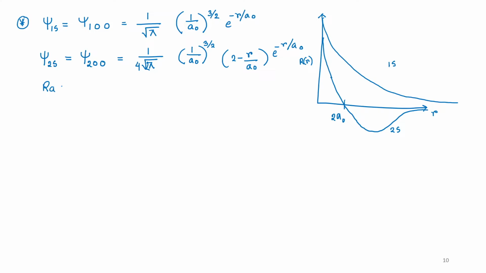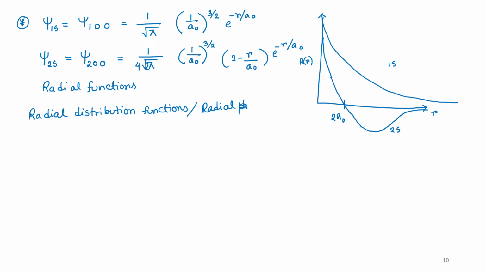These are mostly radial functions because your theta and phi dependent parts are not there. And there are other things that are radial distribution functions, and you can also call them radial probability distribution functions.